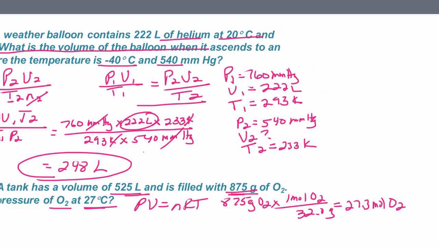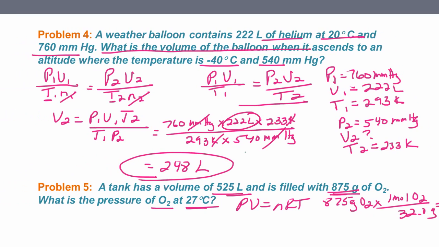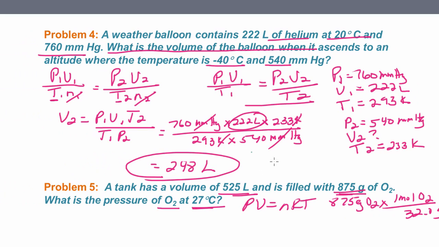So we got that taken care of. Our volume is in liters, that's good. And our temperature is 27 degrees, but that would be 300 K. Temperature would be 300 Kelvin. Okay, so I think we're all set.